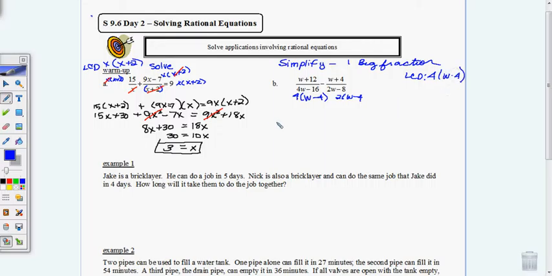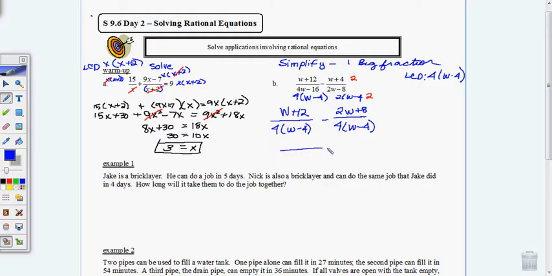This LCD is what we're going to make our fractions into, meaning I'm going to have 4W minus 4, subtracting something over 4W minus 4. Now, neat part about this one, this first fraction didn't need to multiply by anything, so the top just stays W plus 12. On the right side, I would need to multiply the bottom by 2, so I'd need to multiply the top by 2, and I'd get a 2W plus 8.